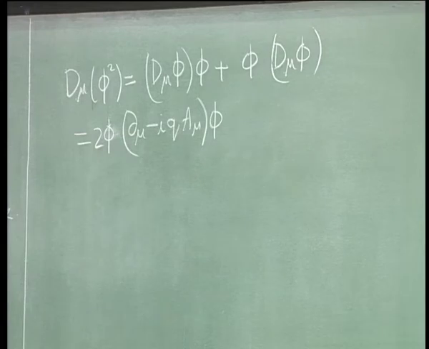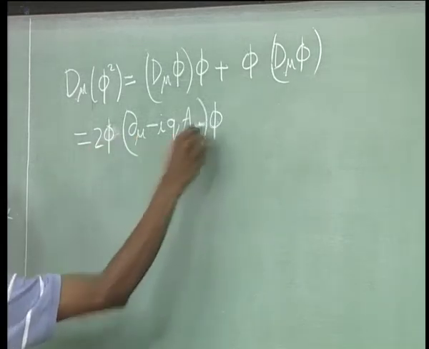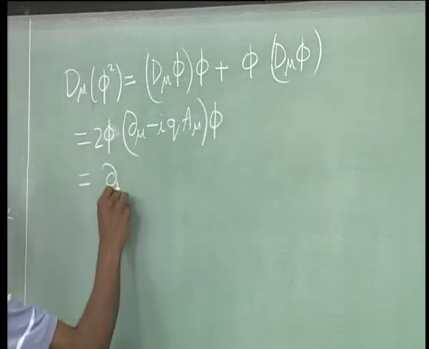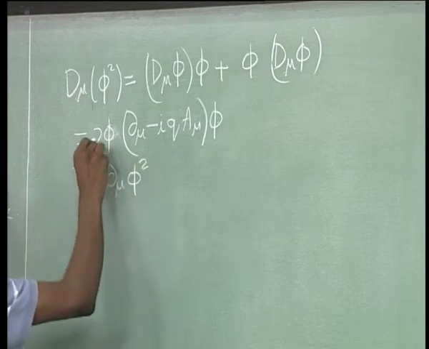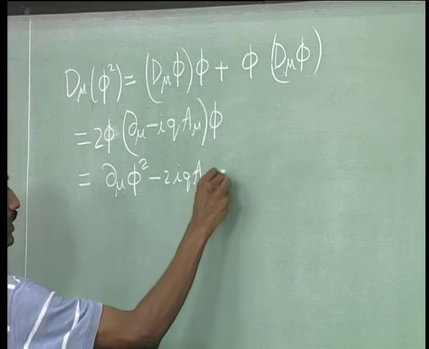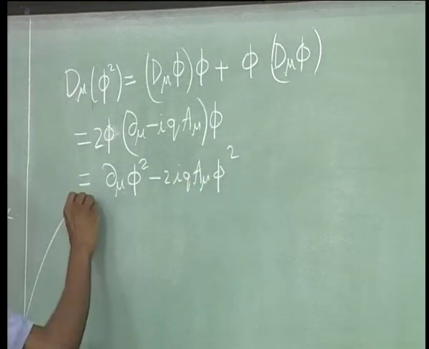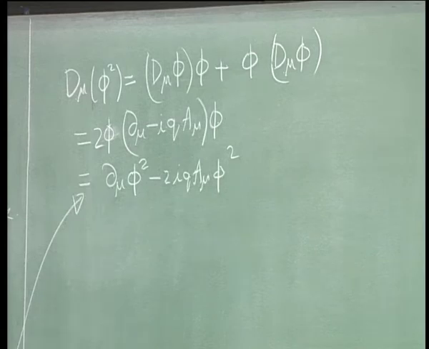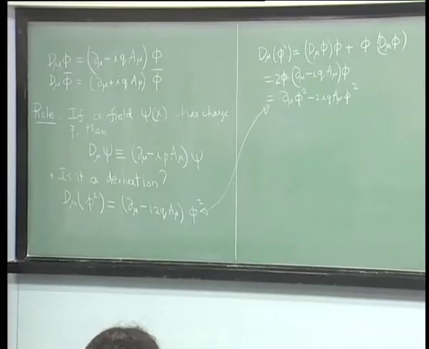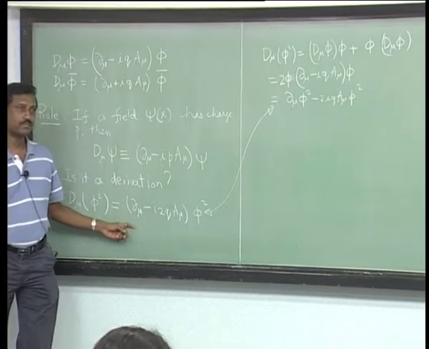But this is exactly equal to this. How do we see that? 2 phi D mu phi is nothing but D mu of phi square, and this would be just minus 2 i q A mu of phi square. So, this is what this is.